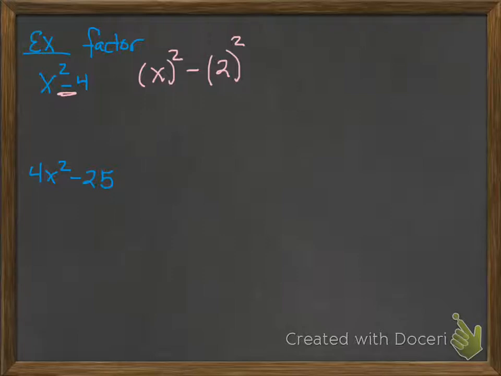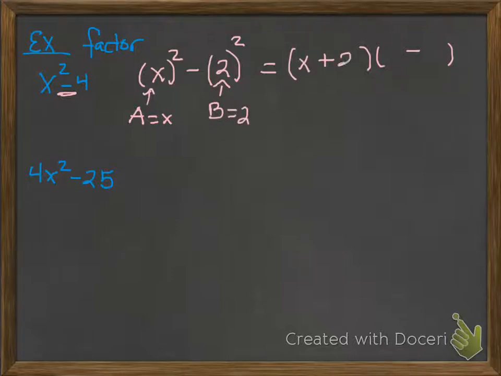Then I know I can factor this, because it's a difference of two squares, as something a plus b and a minus b. Well, my a is just what I have without the square. So my a would equal x here, and my b would equal 2. So I have x plus 2 and x minus 2.